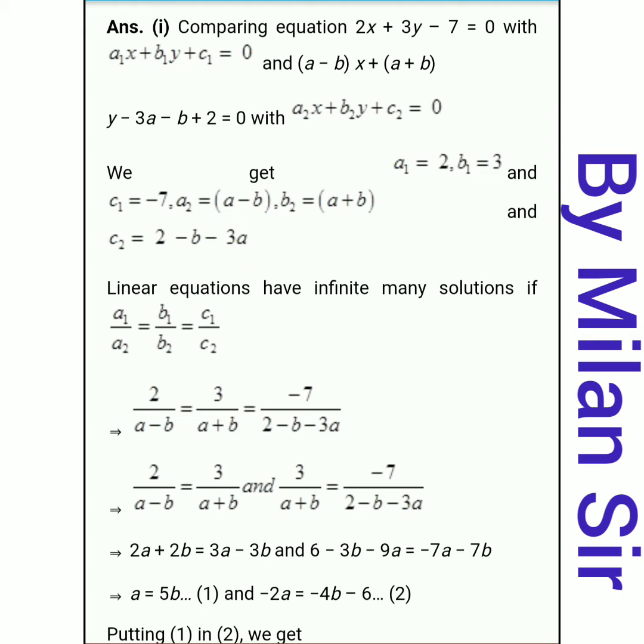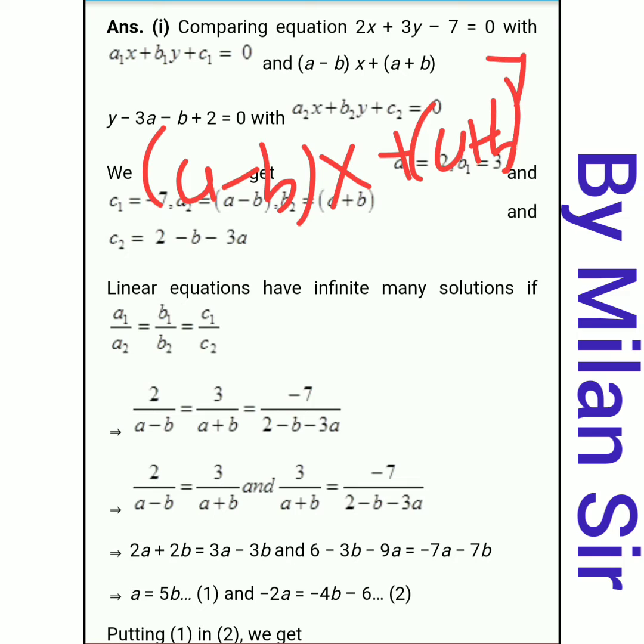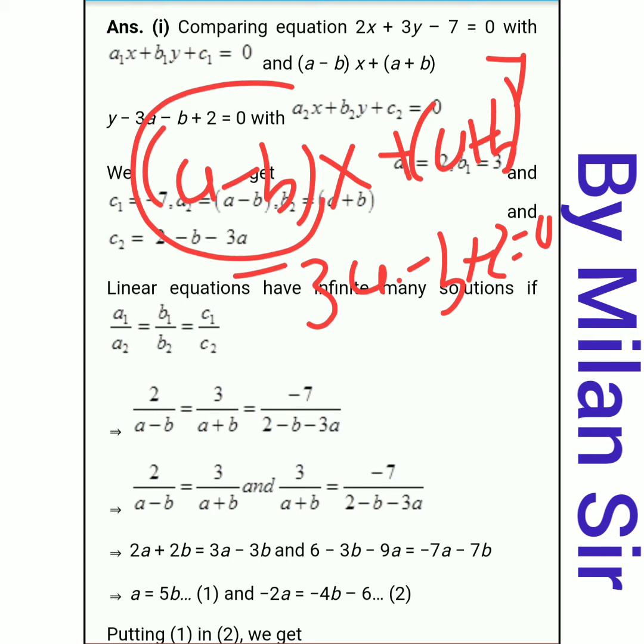Then our second equation is (a minus b) into x plus (a plus b) into y minus (3a plus b minus 2) is equal to 0. The coefficient of x is our a2, a minus b.